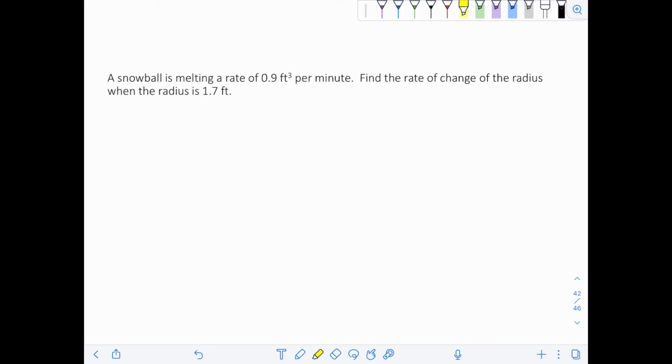So since we're dealing with a snowball here, we're dealing with a sphere, and we're dealing with the volume of it. The volume of a sphere is 4/3 pi r cubed.